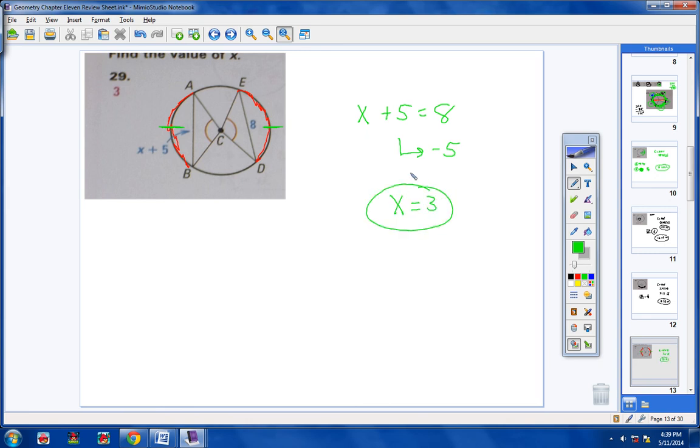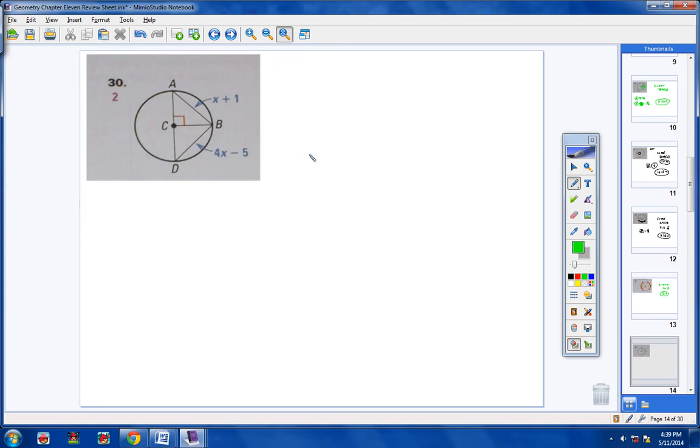Okay, moving on to number 30. Now let's think this through again. This is the exact same problem, identical. Are you ready? Watch. Here's a central angle here, and notice it's 90 degrees. Here's a central angle here, and if it's 90 degrees here, then it must be 90 degrees here.